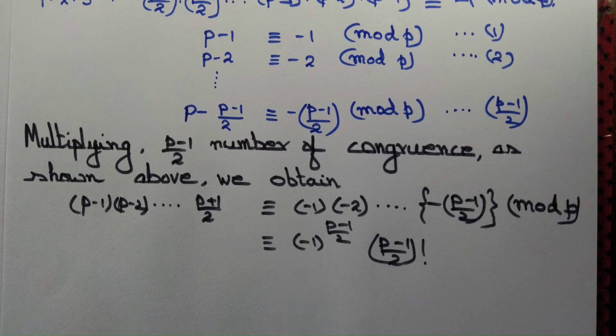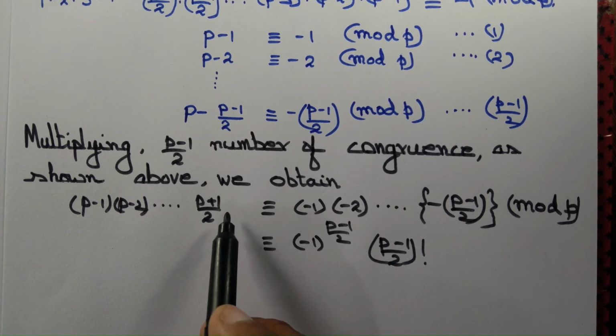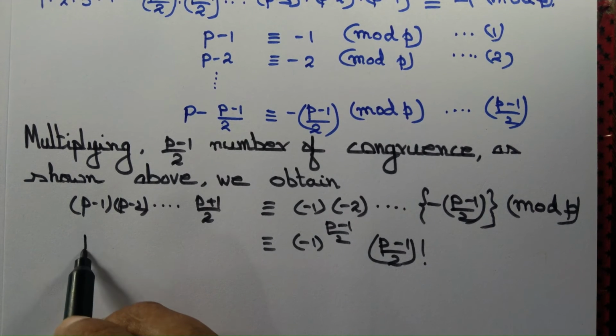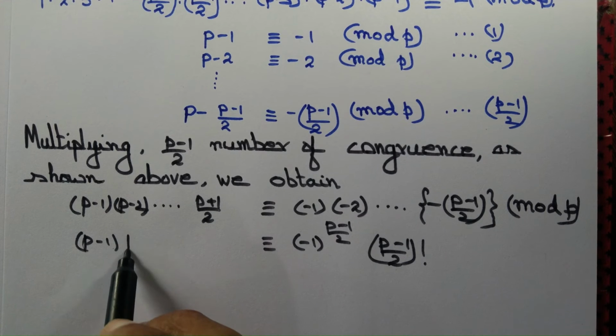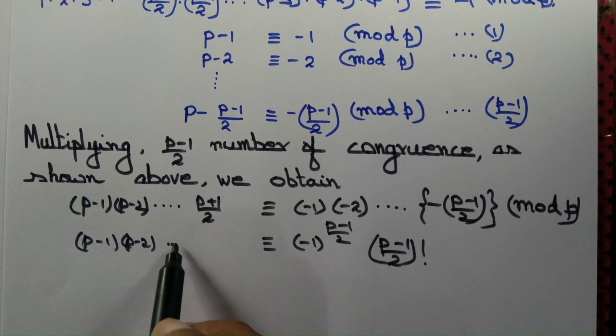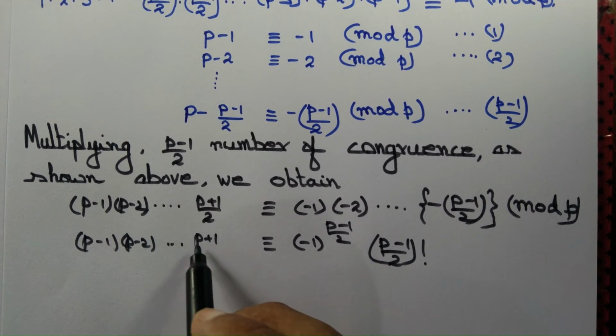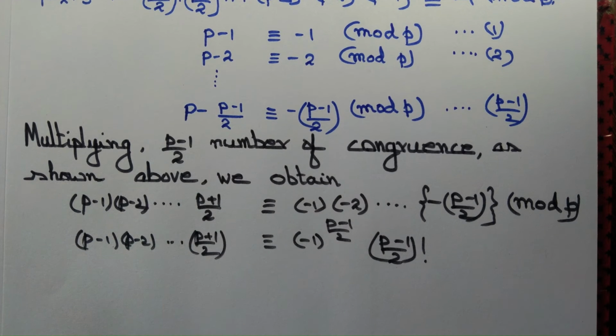As we said, somehow we want to get a square. If I multiply both sides by factorial p minus 1 by 2, what happens? In the left hand side, I get factorial p minus 1. In the right hand side, I get factorial p minus 1 by 2, whole thing squared.